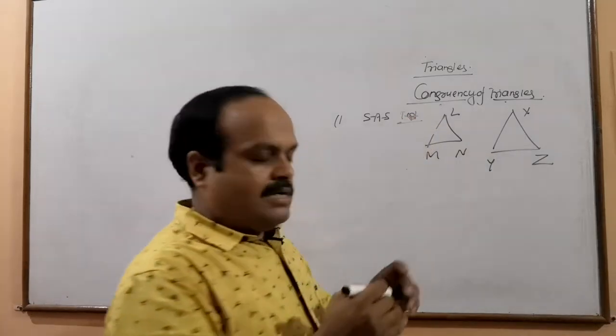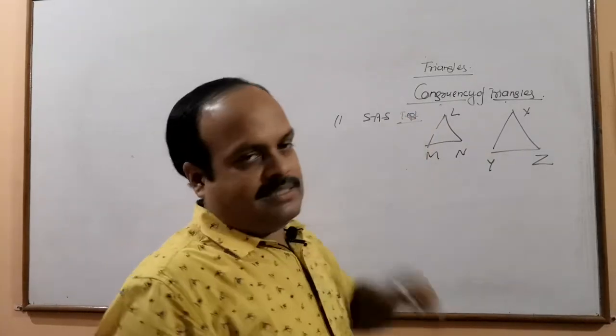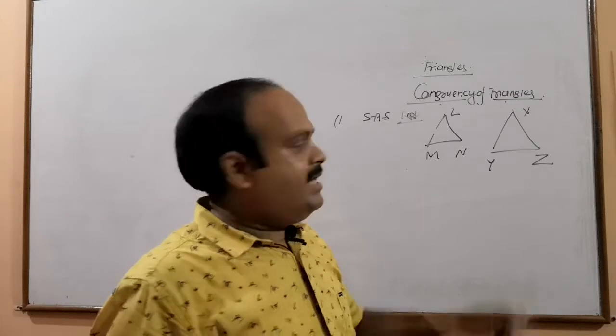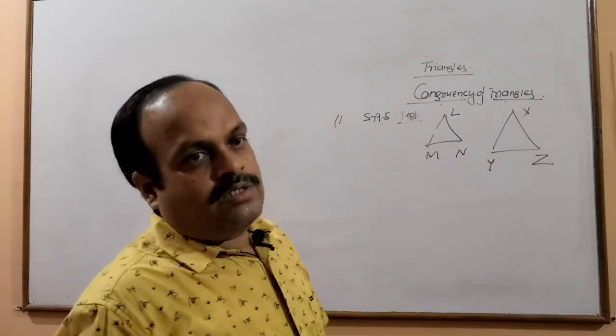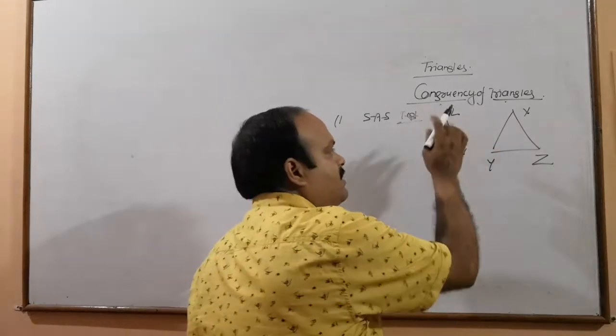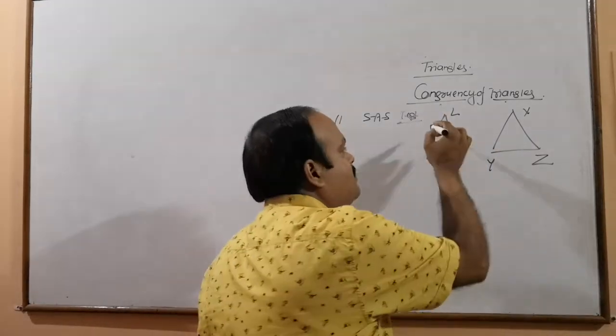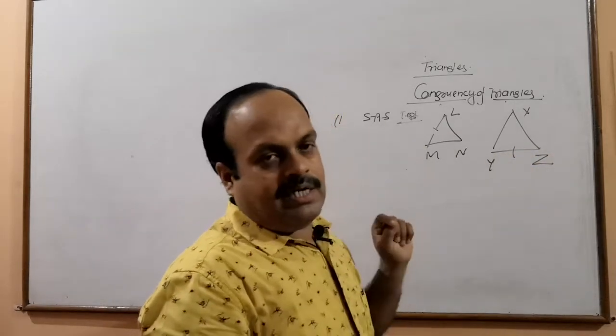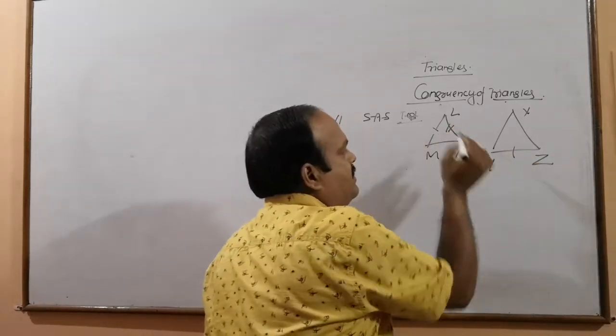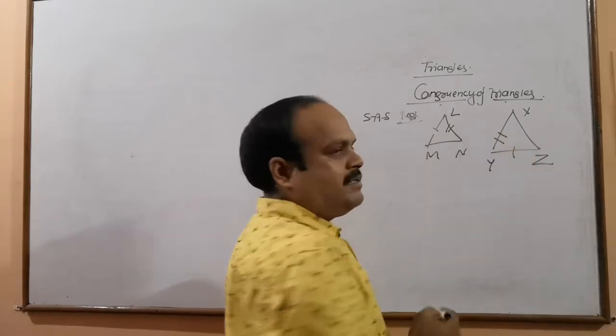I have used here side, angle, side. I mean if in these two triangles two sides of one, this one and this one, are equal, and another one, this one.